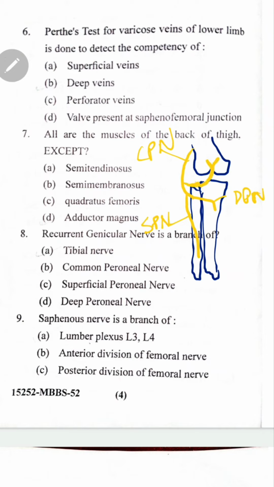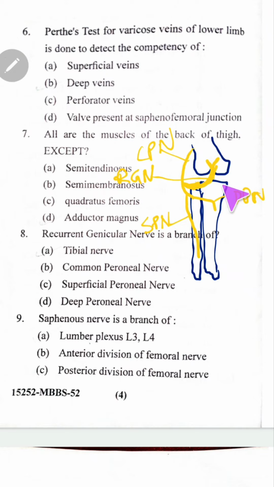The last branch of the common peroneal nerve is this nerve, and it ascends back up to supply the knee joint. Yes, this is the recurrent genicular nerve, the last branch of the common peroneal nerve.